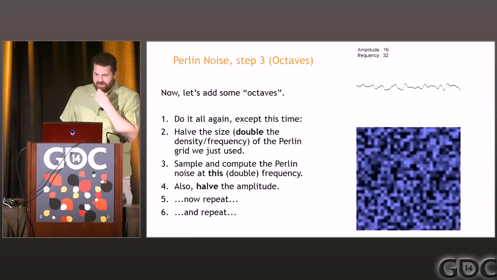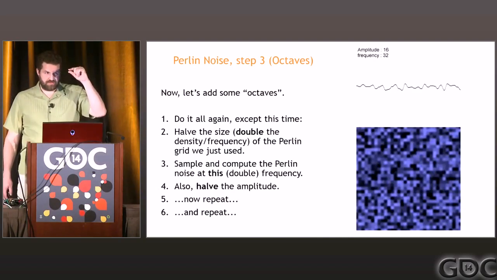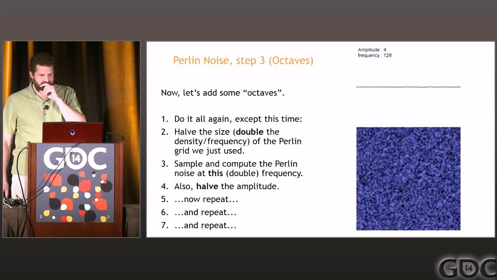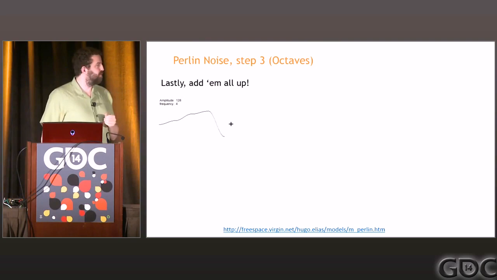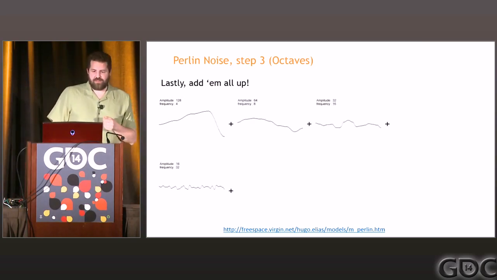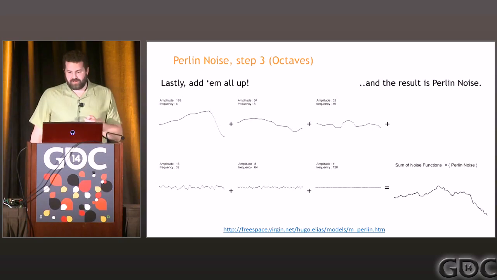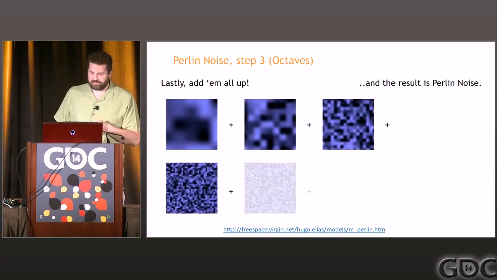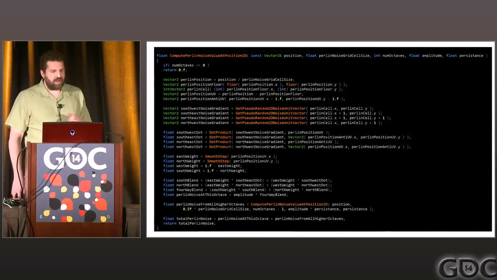We do it again, and each time we're getting higher frequency but lower amplitude. And then we add them all up. So we get a nice, big, lazy, slow wave, add some noise to it, add some higher frequency noise, but it's less and less important. And the net result is what's called Perlin noise. And it looks great in 2D as well. All right, so that's how you generate it. Here's some code for it.